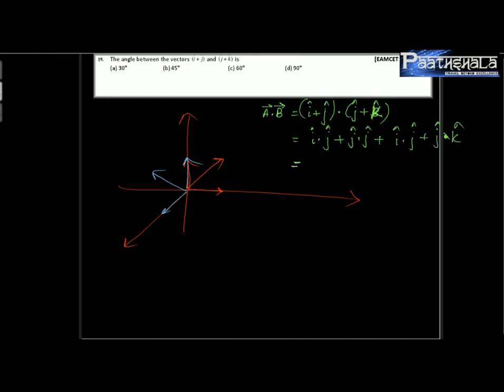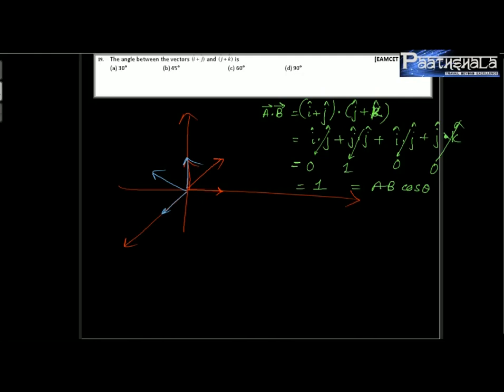So this is equal to i dot j, which happens to be 0. This is 1. This is 0, and this is again 0. This happens to be 1. This is also equal to AB cos theta.